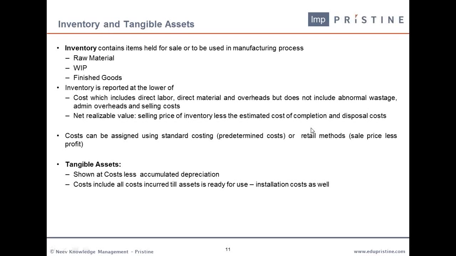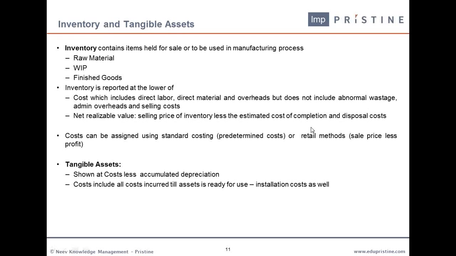And the next one is the tangible assets. In case of tangible assets, we show cost minus the accumulated depreciation. So in case of tangible assets, say machinery, you have depreciation coming into the picture because over the life of the asset, they tend to give decreasing returns.